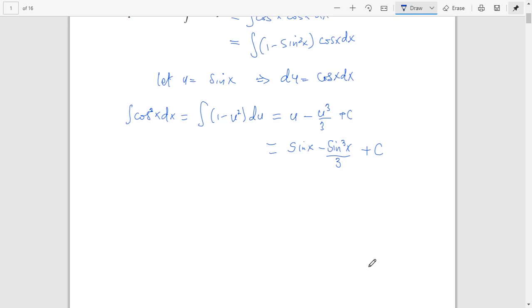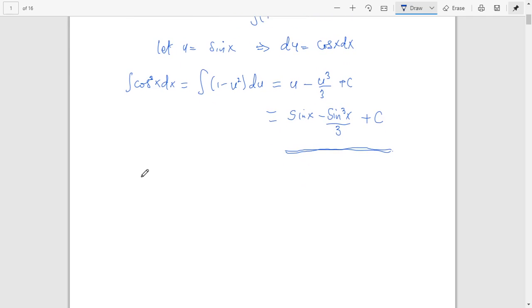Recall that we can also solve this using the reduction formula that we saw in the last section.